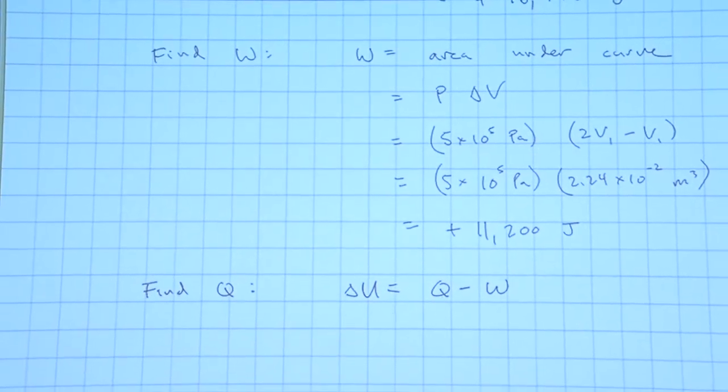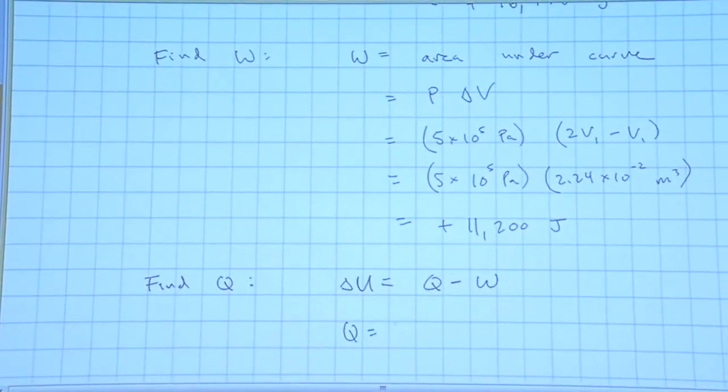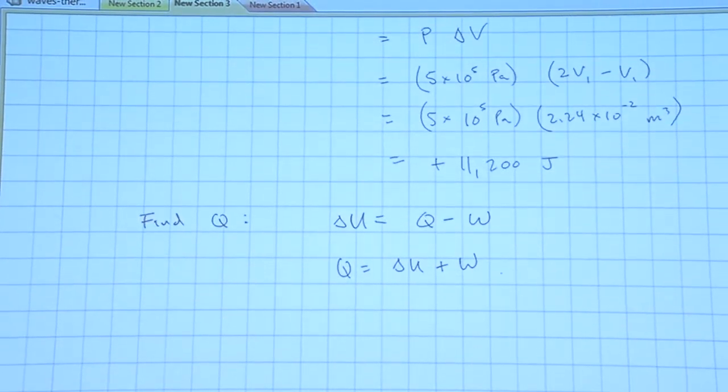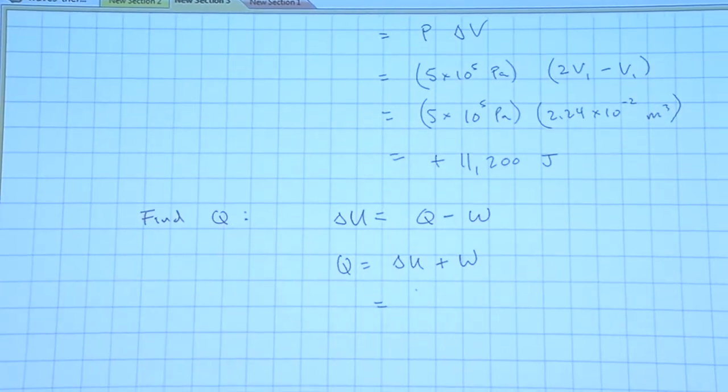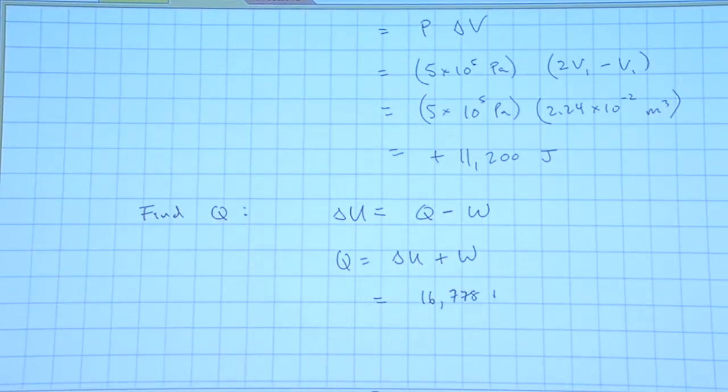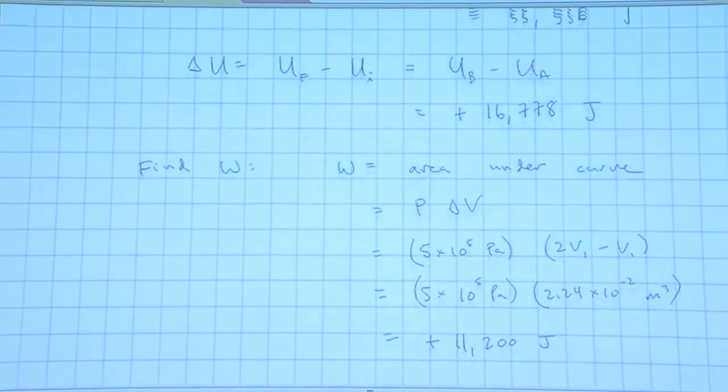So that means that Q is equal to delta U plus W. And that was 16,778 plus 11,200. Again, it was positive 27,978 joules.